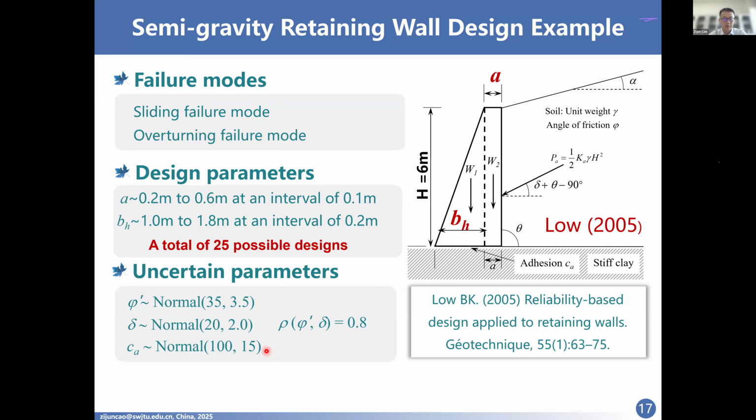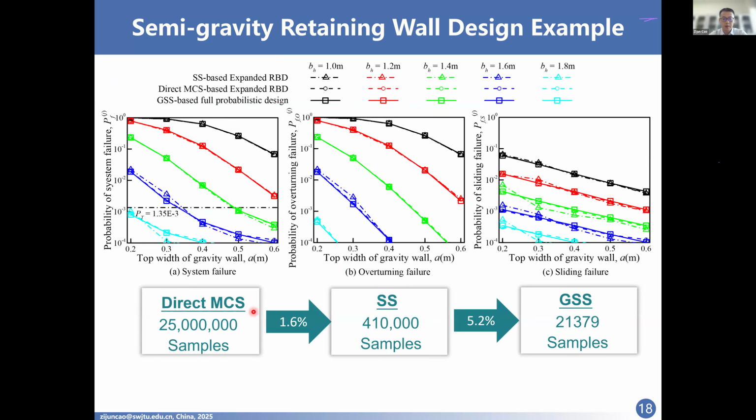This slide shows the reliability calculation results from Monte Carlo simulations by GeoRBDS. Besides direct Monte Carlo simulation, the toolbox also allows using two advanced Monte Carlo simulation methods, subset simulation and generalized subset simulation, SS and GSS here. Results from these 3 methods are in good agreement.